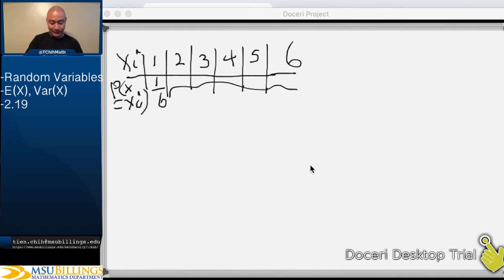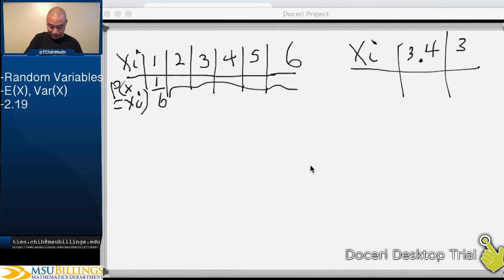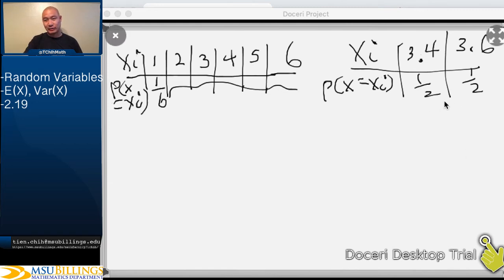So one with a lot less variation, maybe something like the xi's are 3.4 and 3.6. And those are both a half each, right? That clearly has average outcome 3.5, and the possible outputs are going to vary a lot less than this die roll.